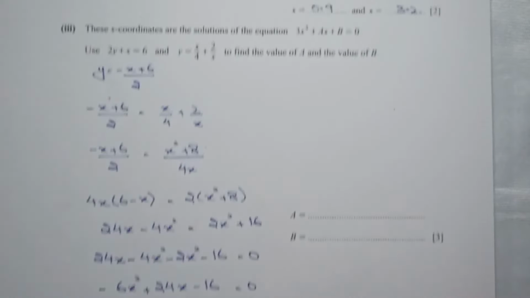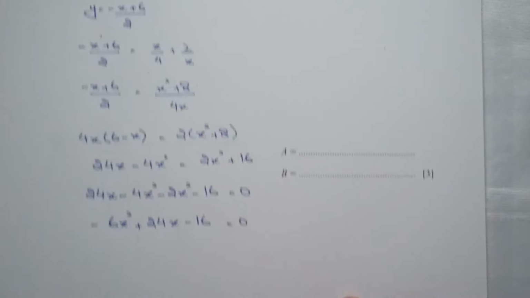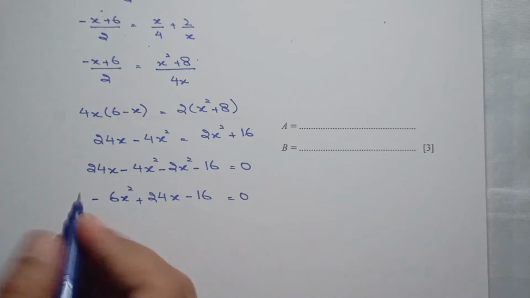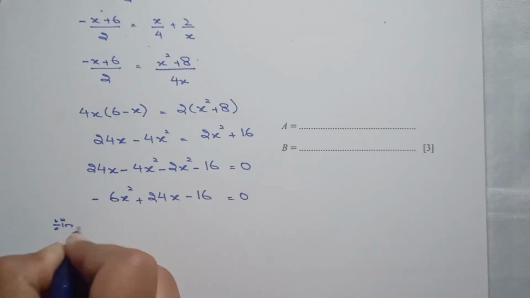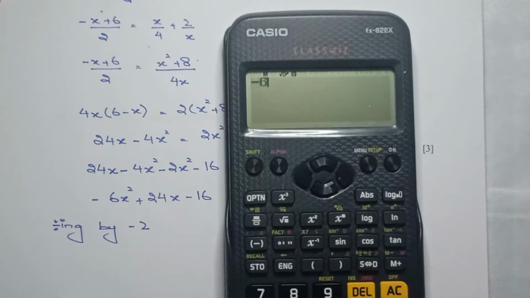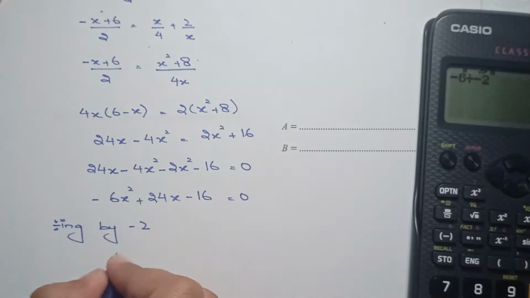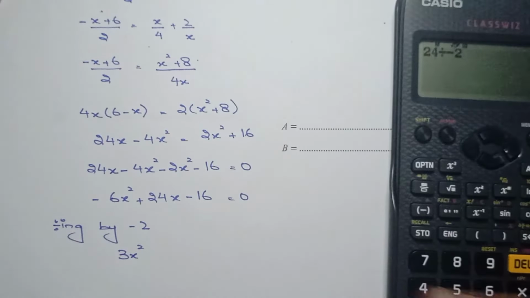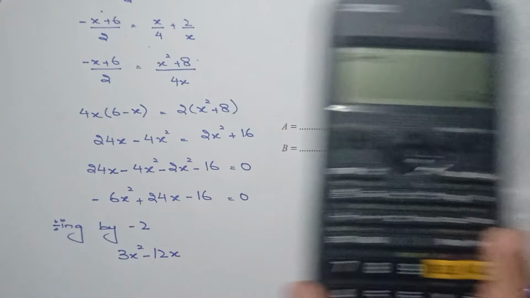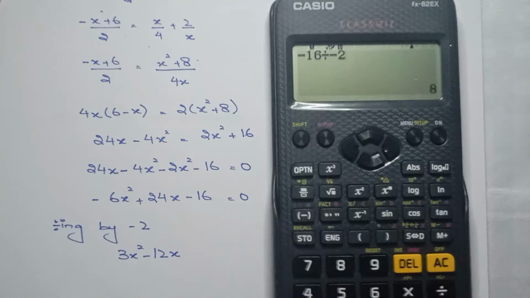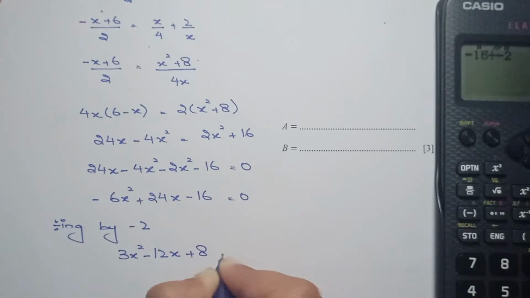If I compare this with this equation, you can see the x square coefficient is positive 3. So how can we make our x square coefficient positive 3? We divide by negative 2, right? Negative 6 divided by negative 2 is 3, so 3x square. 24 divided by minus 2 is minus 12x, and negative 16 divided by negative 2 is positive 8, equal to 0.